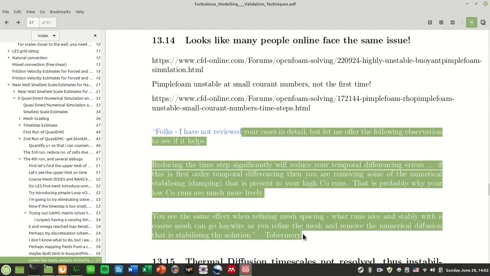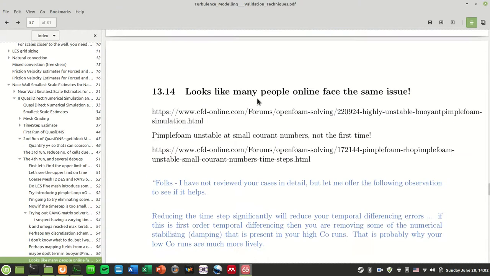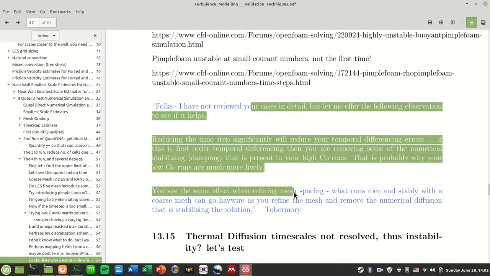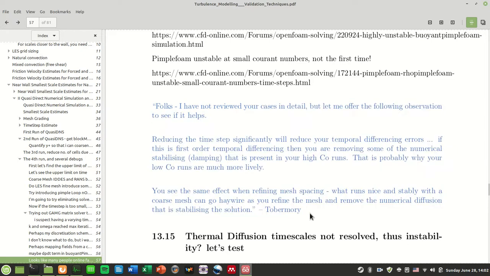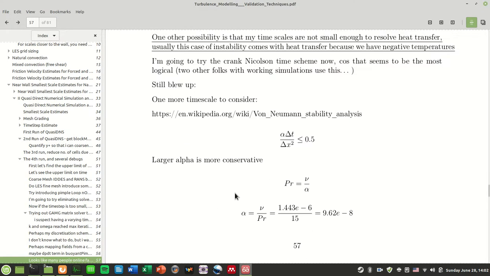For those cases, a lot of people did not find their solutions. So I was wondering, is buoyantPimpleFoam not able to resolve turbulence? At least at that time, it seems to be the case. Or maybe I'm still missing something.